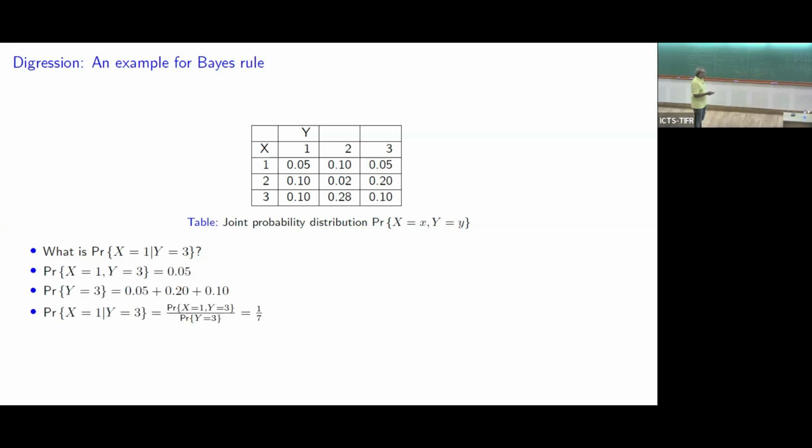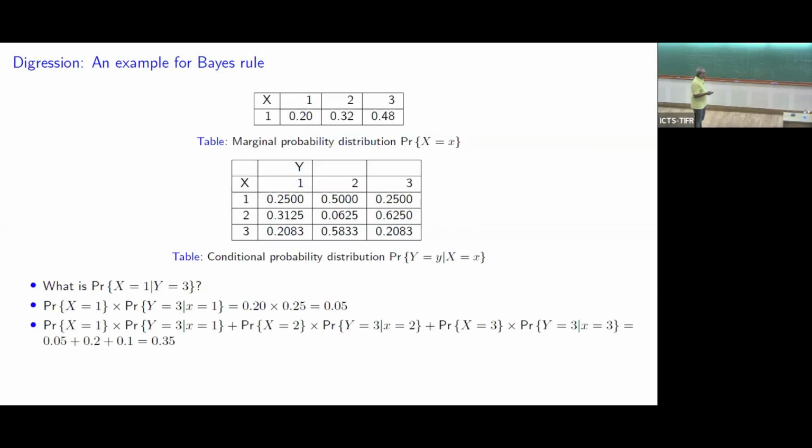That is 0.05 divided by 0.2, so that will be 0.25. Okay.